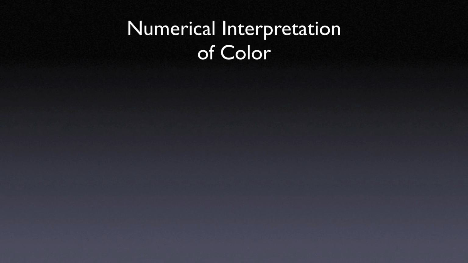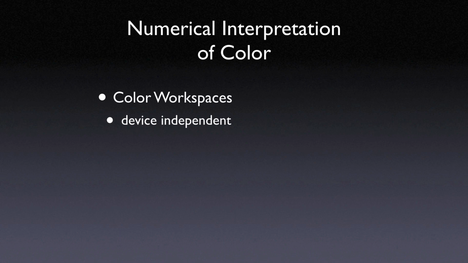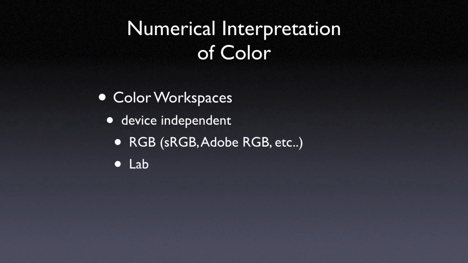There's an additional scenario where we use numerically interpreted color spaces, and that is the workspace used for editing images in Photoshop. The two categories of device independent and device dependent also play out here. The device independent workspace is either RGB, the familiar sRGB or Adobe RGB as an example, and LAB, a very odd workspace that's more important in another context that we'll talk about later.